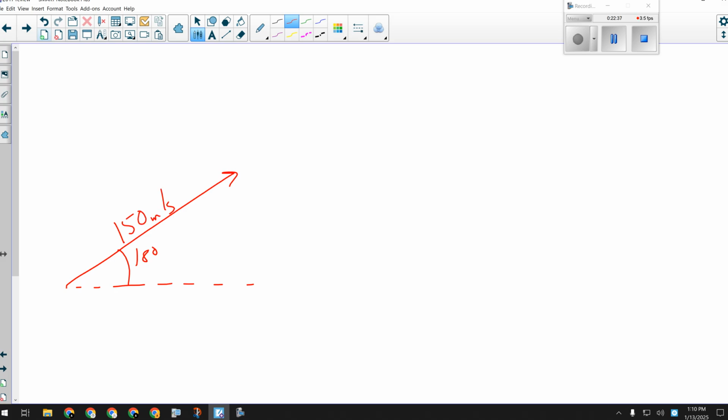Okay, so in this question, our projectile has been launched at a velocity of 150 meters per second, 18 degrees above the horizontal.